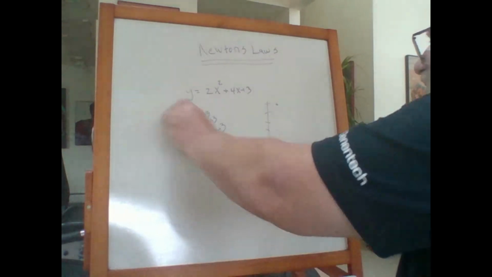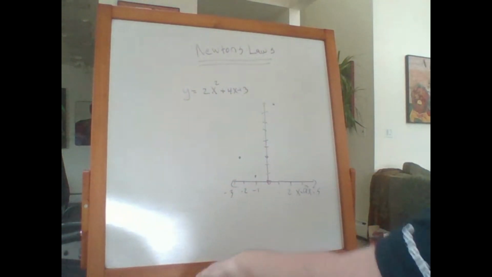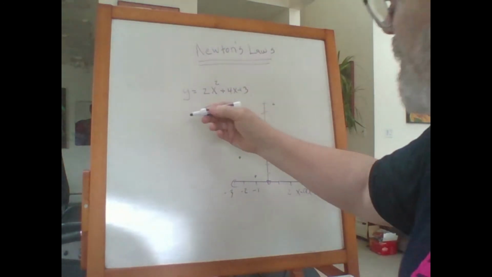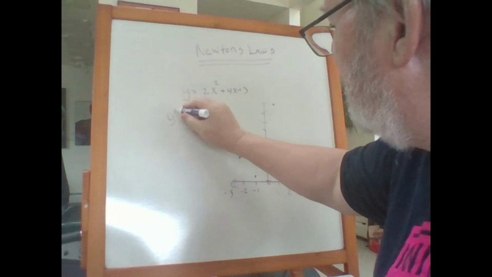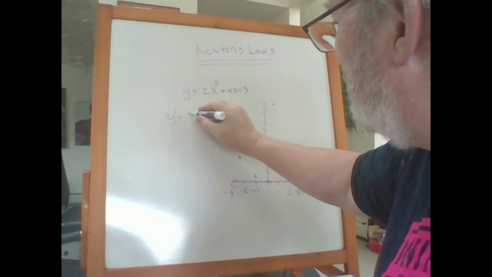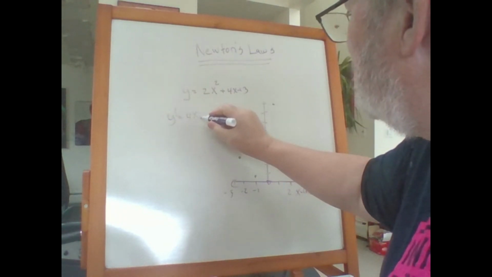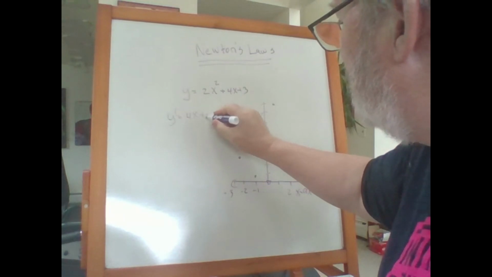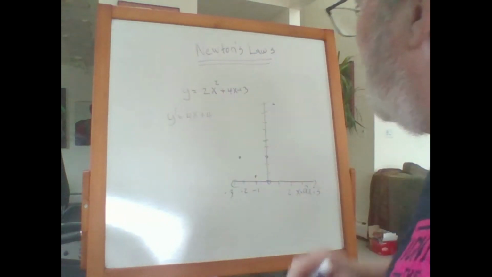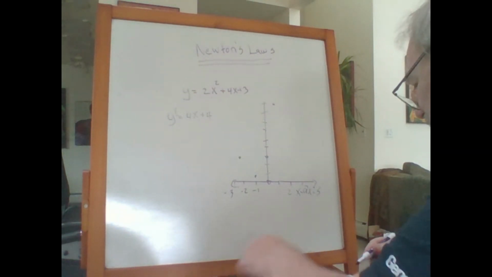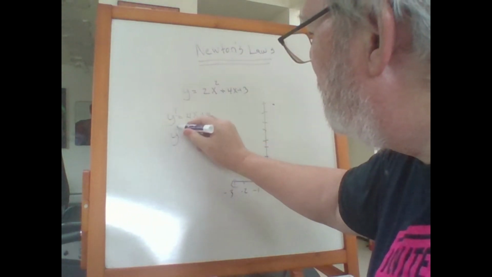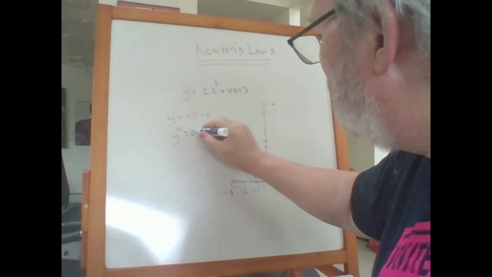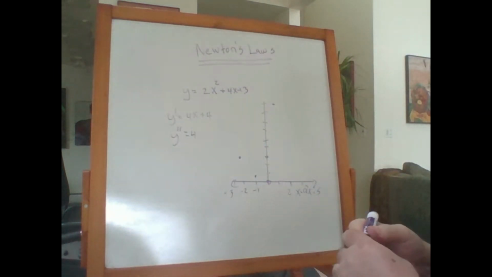We could use our y prime and so on for the minimums. y prime equals 4x plus 4, and y double prime equals 4, a constant.